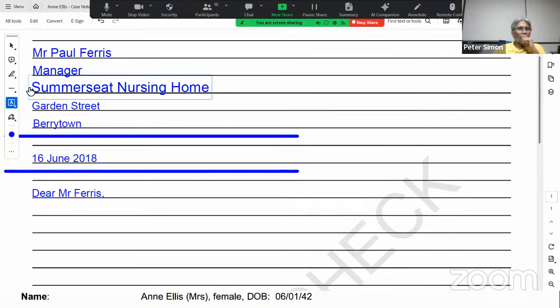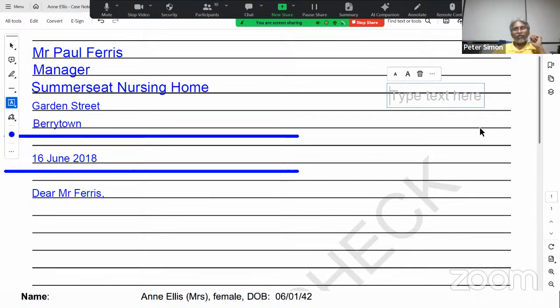So write very neatly. So Mr. Paul Ferris, manager, Somerset Nursing Home, Garden Street, then Berry Town.